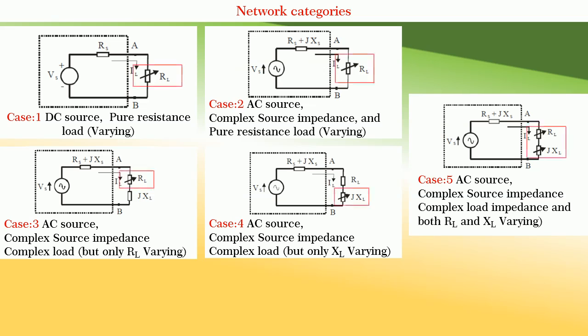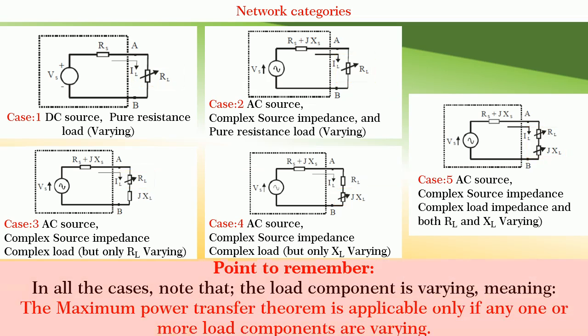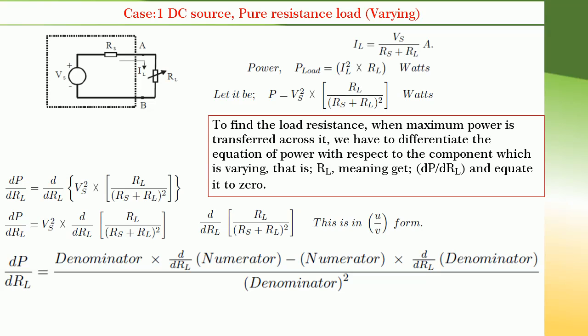Friends, if you observe the networks in all the cases, you see that at least one load component is varying. What does it mean? Remember, the maximum power transfer theorem is applicable only if any one or more load components are varying.